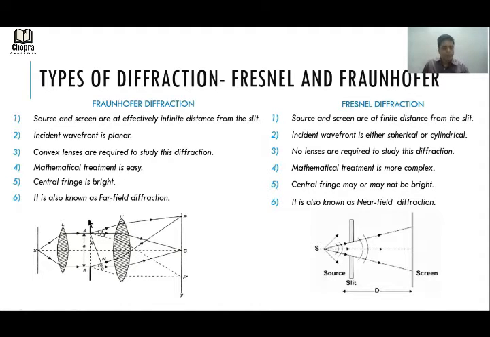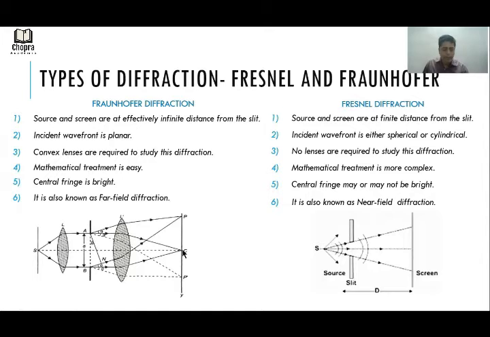Because the beam is parallel, or the incident wavefront is planar, the central fringe will be bright. How is this happening? If the wavefront is planar, then point C corresponds to a point where the path difference becomes zero, which is the condition satisfied by constructive interference.